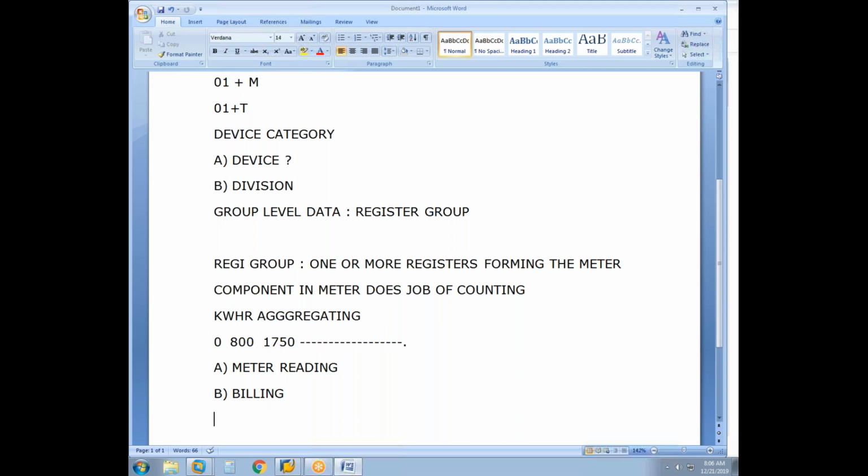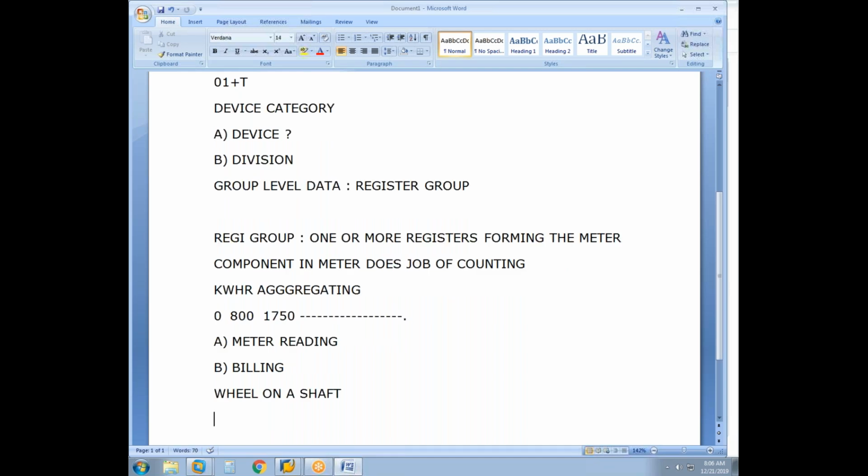Then it was designed later to have a kind of spindle, a small wheel which is rotating on a shaft. Whenever you go near the meter and you see a small wheel rotating on a particular shaft, the number of revolutions it makes is proportional to the rate of consumption. As the rate increases, the number of revolutions increases.